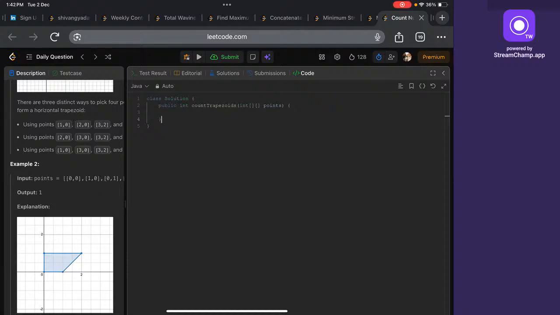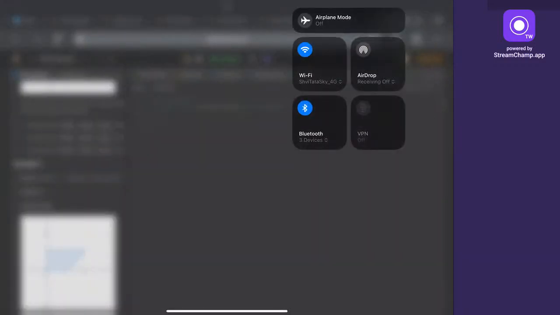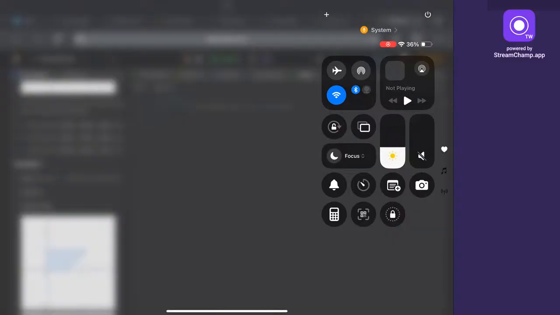I'm not able to write by the... Okay, we need fn plus 2. fn 2. fn, where is the fn?